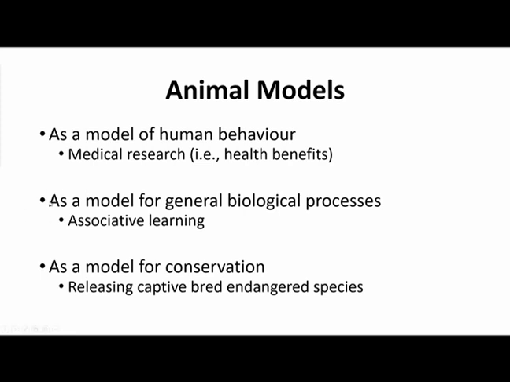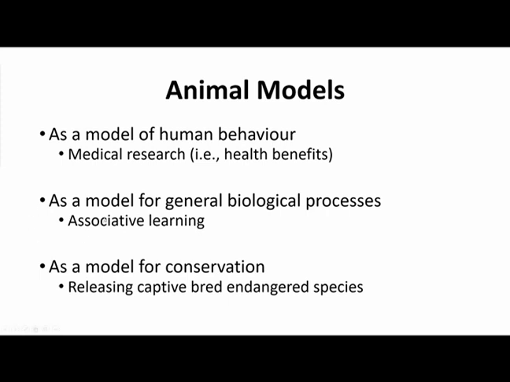Now, even though I myself am a cognitive psychologist by trade, I don't actually care too much about connecting animal behavior to human behavior. So the first point isn't really my thing. I'm a little bit closer to the second point here, where I see animal models as a model for general biological processes. I'd like to figure out how learning is occurring, and by looking at more species, I can see the similarities across multiple species.